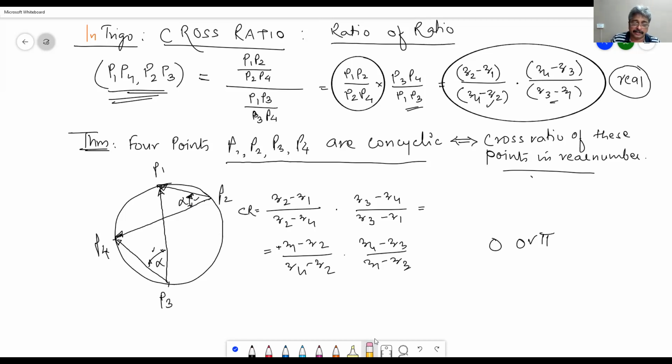Okay, so mistake. This is clockwise alpha. This is clockwise alpha. And this is anti-clockwise alpha. And therefore, if we call this alpha, then this is minus alpha, that becomes 0, hence real number.